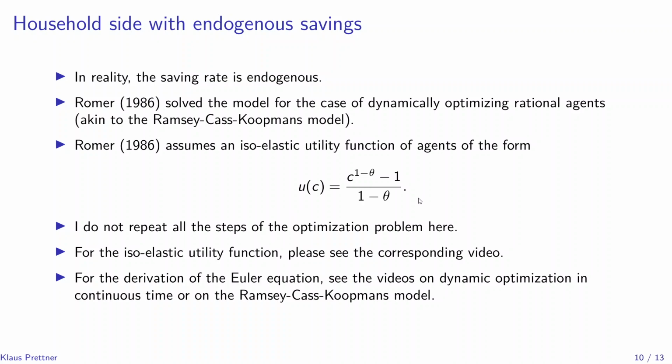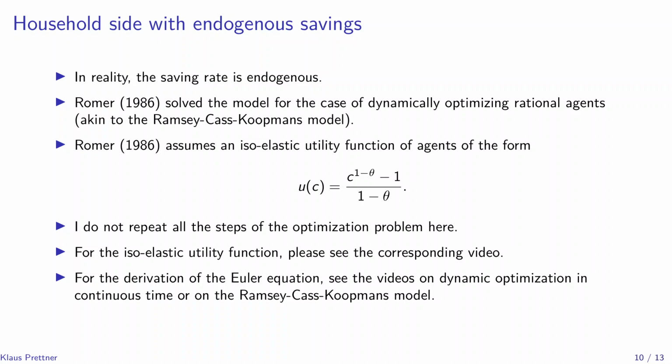If you are interested in it in more detail, there is a video that you can find on my channel on the isoelastic utility function and the different cases that can emerge. But this utility function describes the utility level of the households, and households now choose endogenously how much they want to save at each point in time.